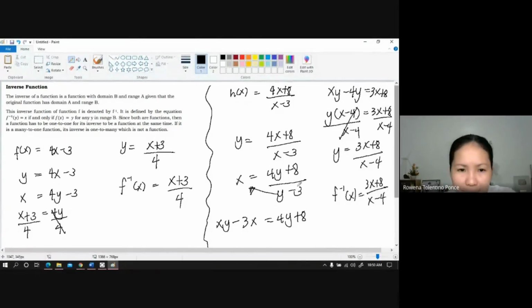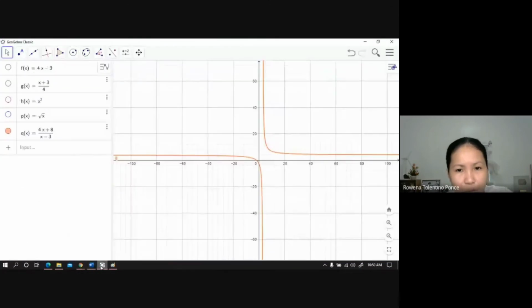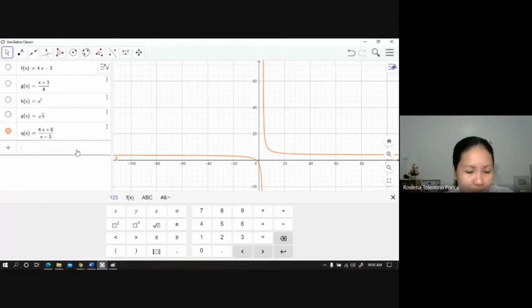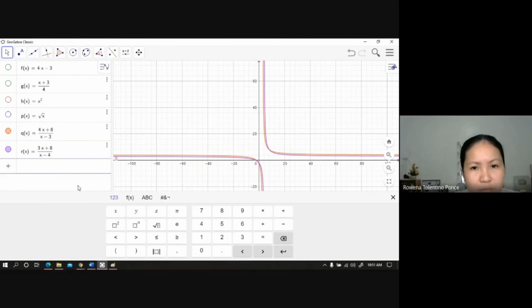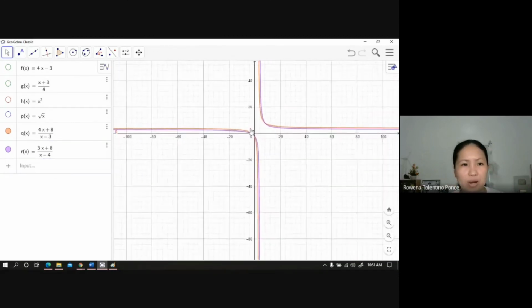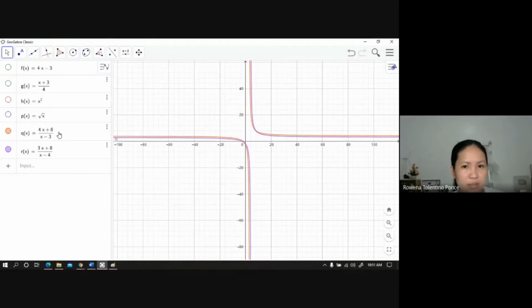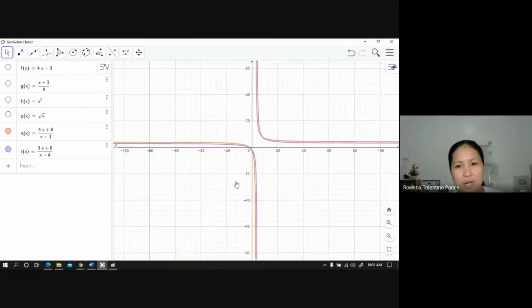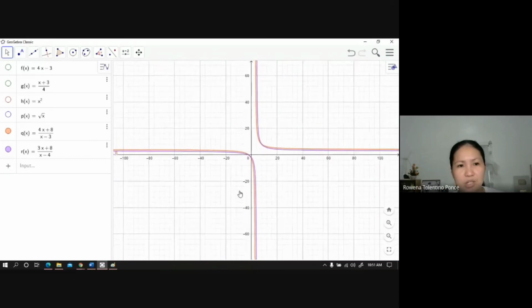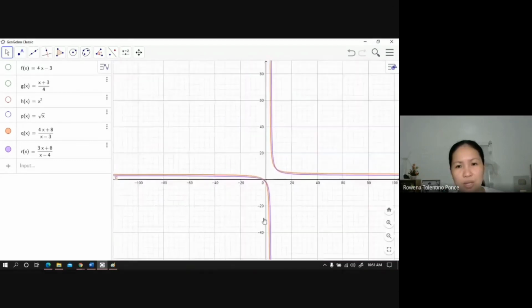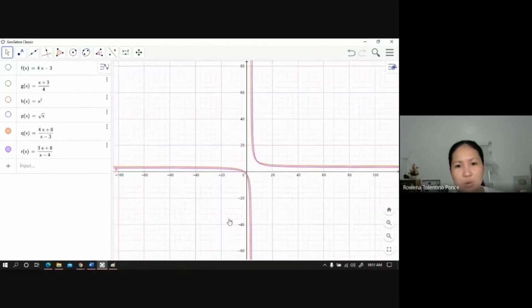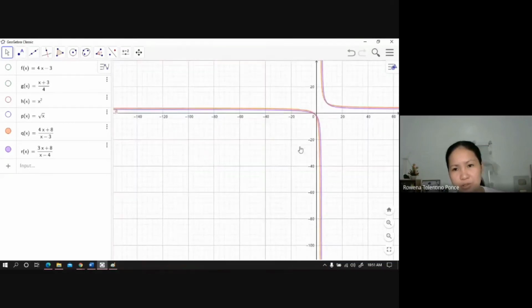Now, let us plot this. Input natin siya. Ayan. Anong napansin nyo? Yung orange, ito siya. Di ba pareho lang yung kinalabasan? Medyo nag-usod lang siya ng konti. So, function pa rin yung kinalabasan ng inverse.